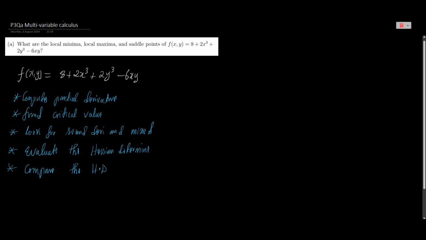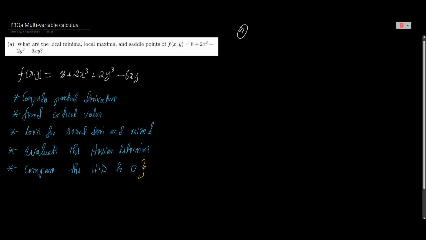There are going to be some conditions at the end when comparing this Hessian determinant to know which of the points are the local minima, local maxima, and all of that, right? So for now, let's just follow these steps diligently.